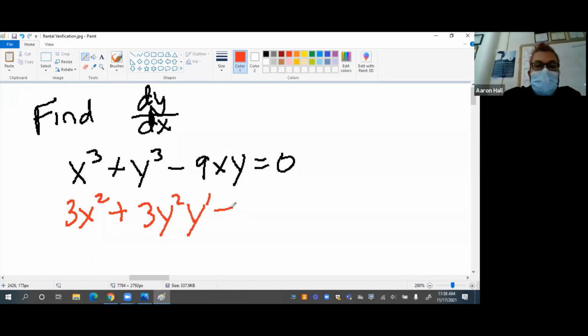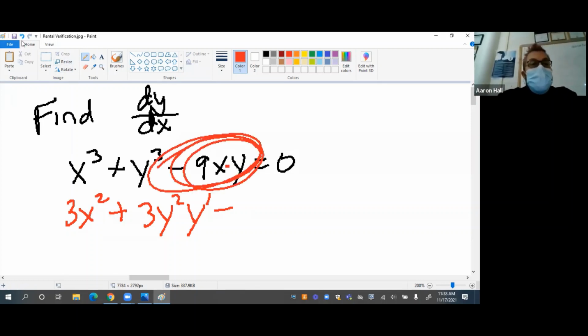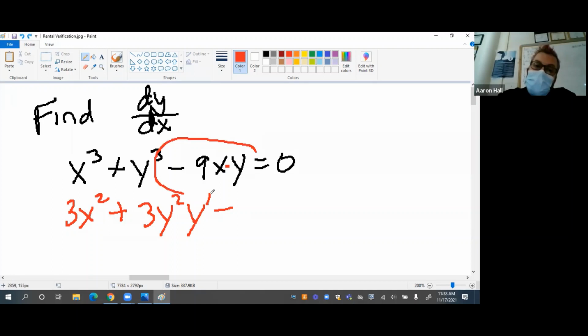Minus, and that's 9xy, right? 9x times y, which reminds you of what? It's one of our tools that we need to remember: the product rule. We have this function here times this function here. What is the product rule?